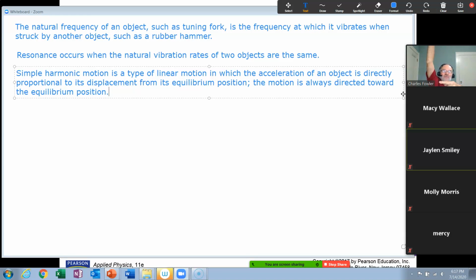But then when it reaches it, it starts decelerating, meaning the acceleration is back this way, but because it had such a high velocity, it keeps going here, slowing down until it reaches its peak here, and then comes back down. Again, always accelerating toward the equilibrium position. Not the motion always directed toward it, the acceleration is always toward it.